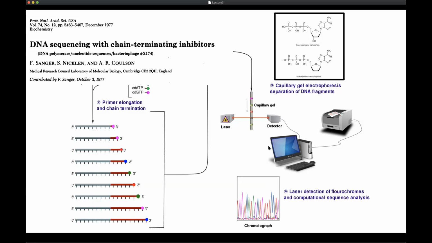So that was state of the art until as recently as 20 years ago. It could generate one sequence at a time, fairly quickly, and it could generate something on the order of 1,000 nucleotides per run.